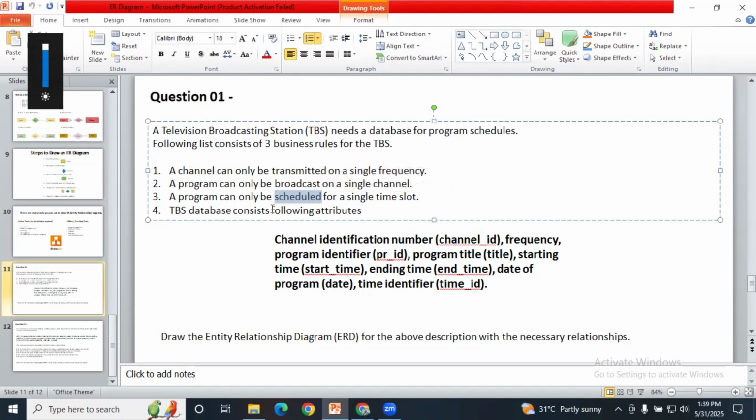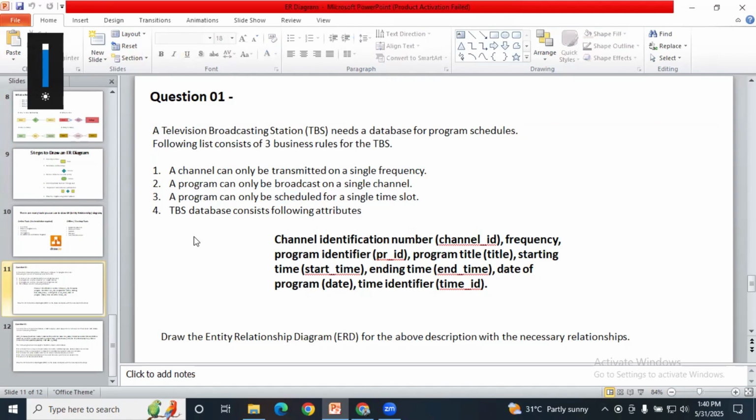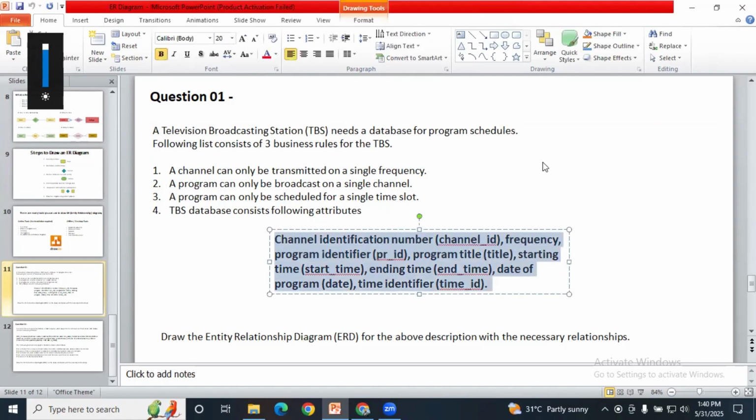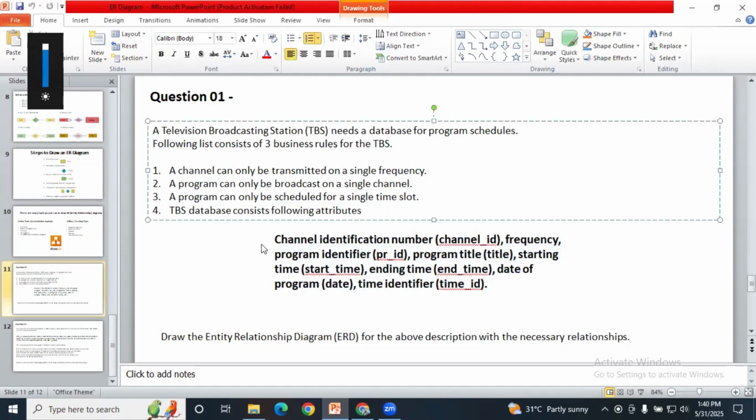And the next thing is you want to clarify what attributes are included for the entities. So tell me, for the channel, what are the attributes we can assign? In the fourth line, they are saying the TBS database consists of the following attributes. They include an attribute list. So tell me what attributes we can assign for the channel entity?